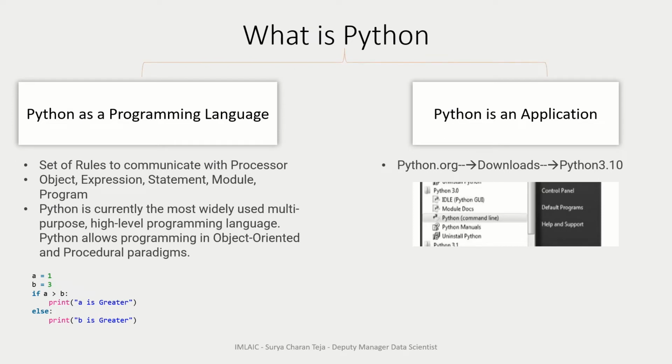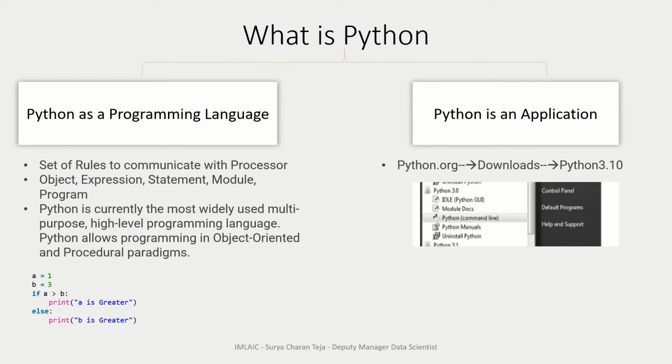In addition to that, you have the Python manuals. That's what I'm talking about. IDLE and the Python command line are interpreters or shells or applications which actually communicate with your processor, whereas the Python manual or Python book is where you learn the rules of that language so that you can communicate with your PC.